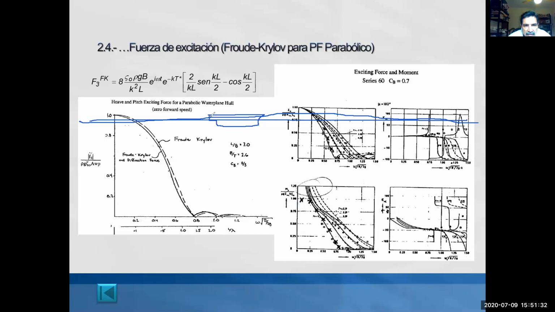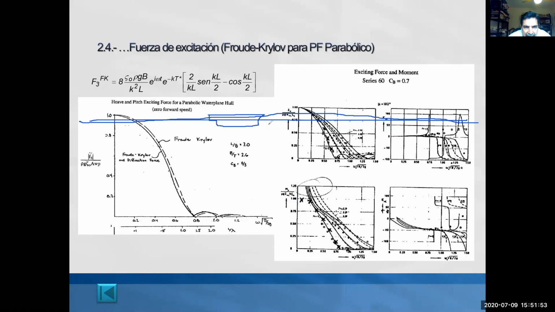So basically, since the wavelength is so large, the slope along the ship length is negligible. So it's like having a full effect on the ship with no phase, okay? So that means that you just go up and down, up and down.